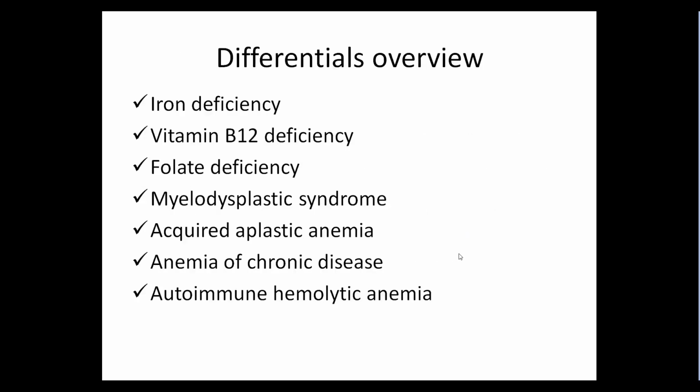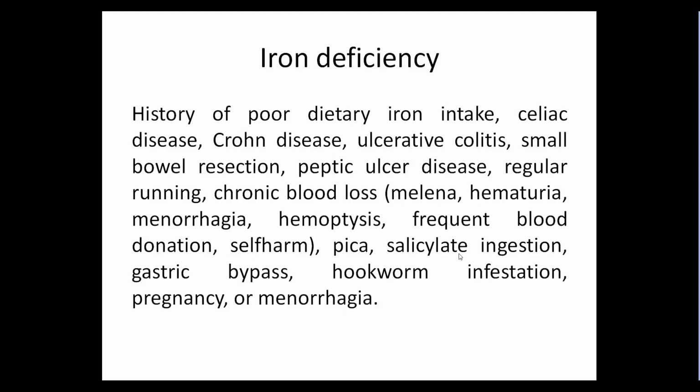Differential diagnosis. Iron deficiency: history of poor dietary iron intake, celiac disease, Crohn's disease, or disease of the gastrointestinal tract with signs of internal bleeding. It may also be infection or pregnancy.